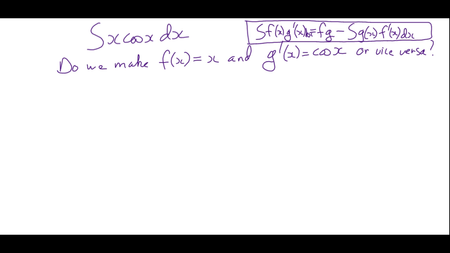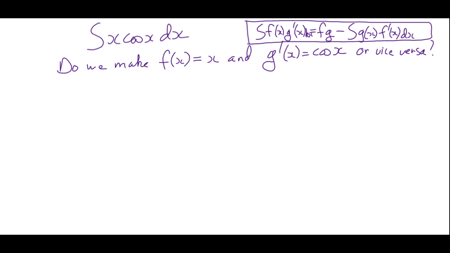If I'm looking at it and saying it's of this form, then I have to ask: if I make this f of x, can I find its derivative? Is it easy to find the derivative of x? Yeah, that's pretty easy. And then, is it easy to find the integral of cos x?